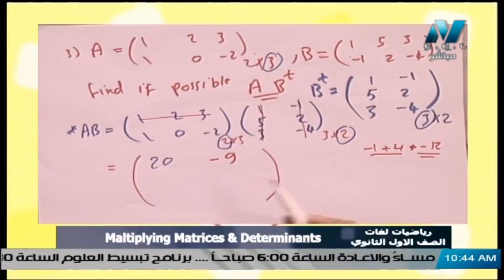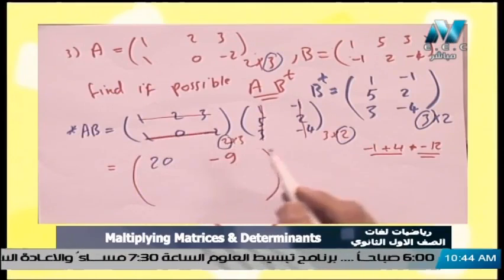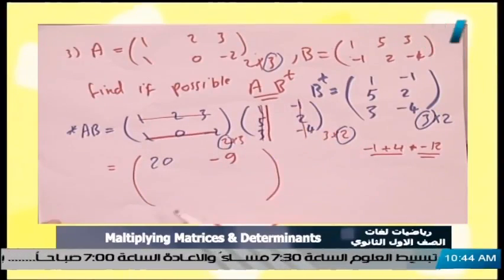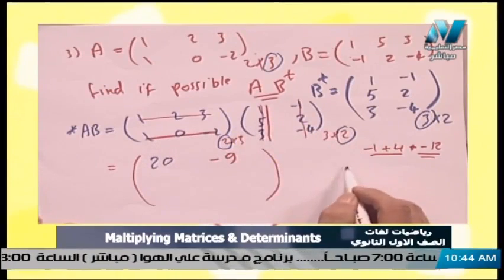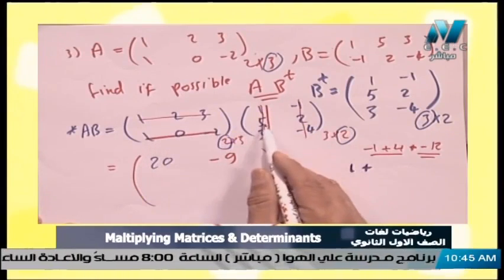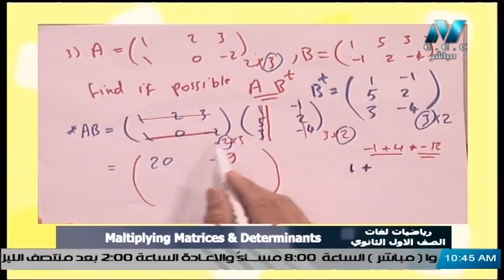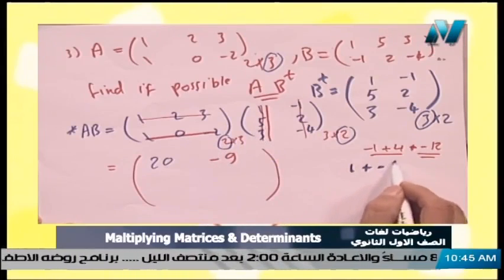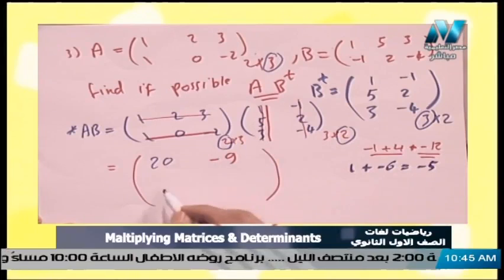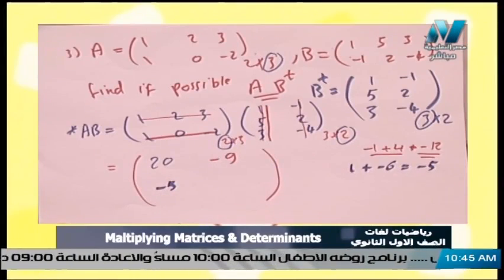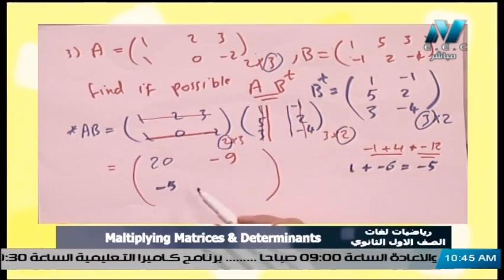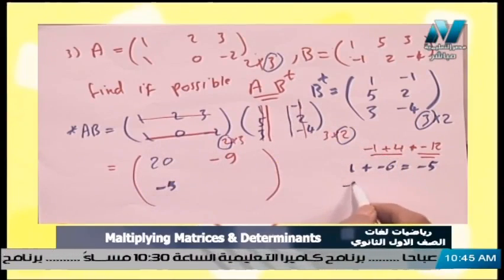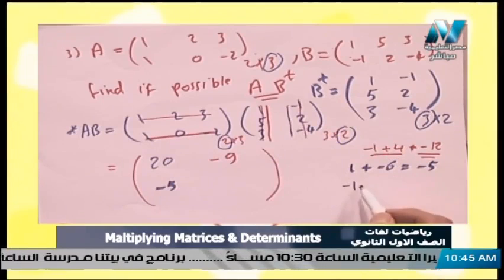And we have also this row multiplied by this column. 1 times 1 equals 1, plus 0 multiply 5 equals 0. Negative 2 times 3 equal negative 6. So the answer is negative 5. And this row multiplied by this column also. 1 times negative 1 equal negative 1. 0 times 2 equals 0.